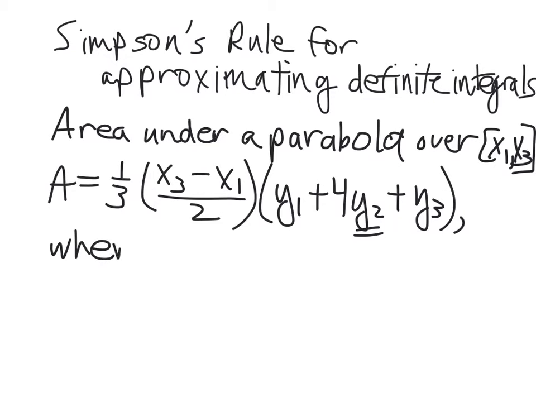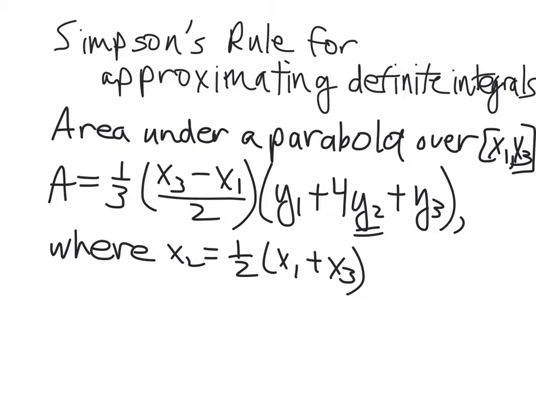And x sub 2 is defined as, well, halfway between x sub 1 and x sub 3. So for this to work, we have to have three values, the two endpoints and then the midpoint, and then we can calculate the function values for that.